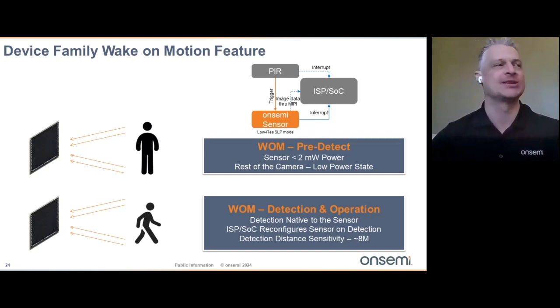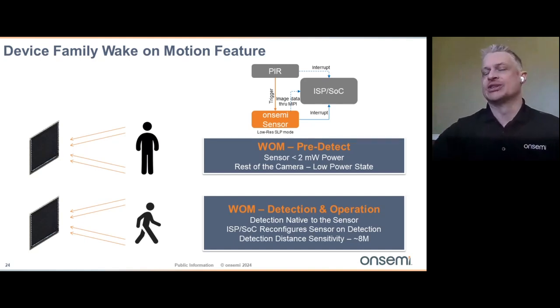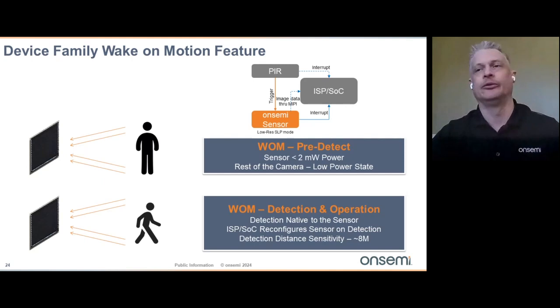I think Teslas have this built in, where they detect motion and then all of a sudden the camera starts recording. Well, in these systems right now, the way it works is that the ISP or the SoC is sitting there looking to detect motion, or maybe it's relying upon a passive infrared sensor to do this as well.